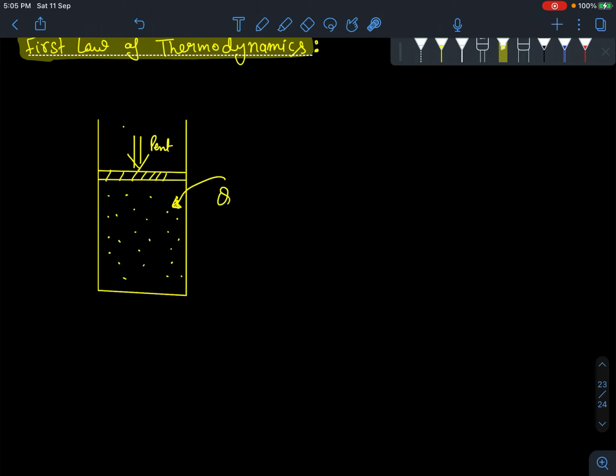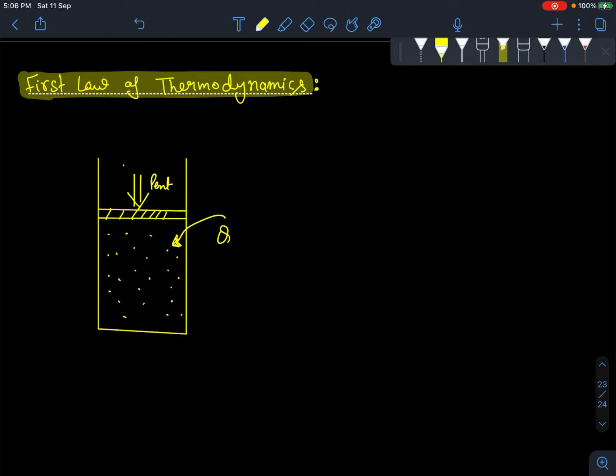Because where else can this energy go? If you are supplying heat, if you are performing work on this, because we know that energy can neither be created nor destroyed, it will change from one form to other. So if I have supplied heat and work, then these will definitely change its internal energy. That's the only parameter left. So yes, this is indirectly, or you can say directly also, the law of energy conservation.